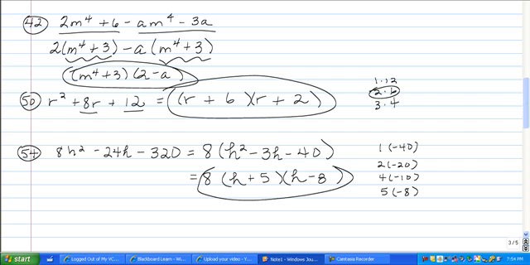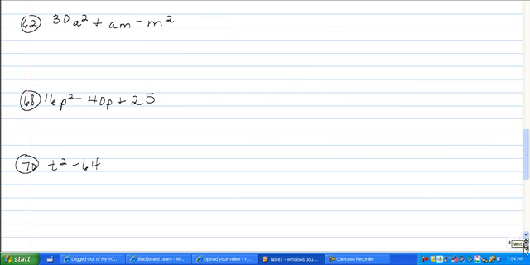Okay, so that one required a couple of steps, taking out the greatest common factor and then factoring the remaining trinomial. Alright, our next one, we want to factor it. The leading term is not a 1, so we're going to multiply a and c, the leading coefficient and the last coefficient.